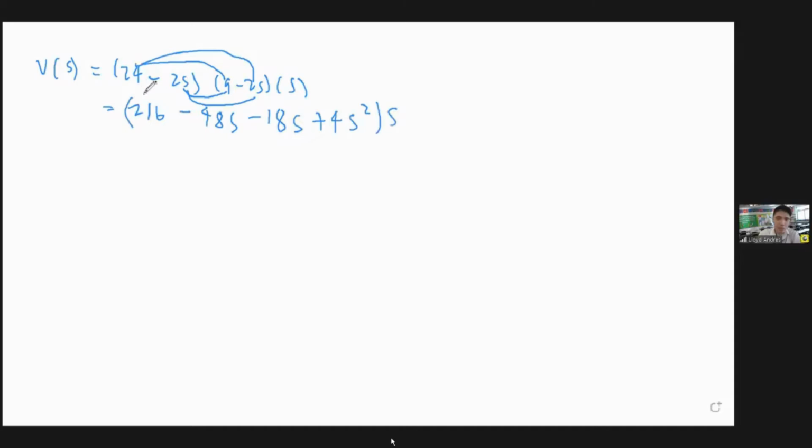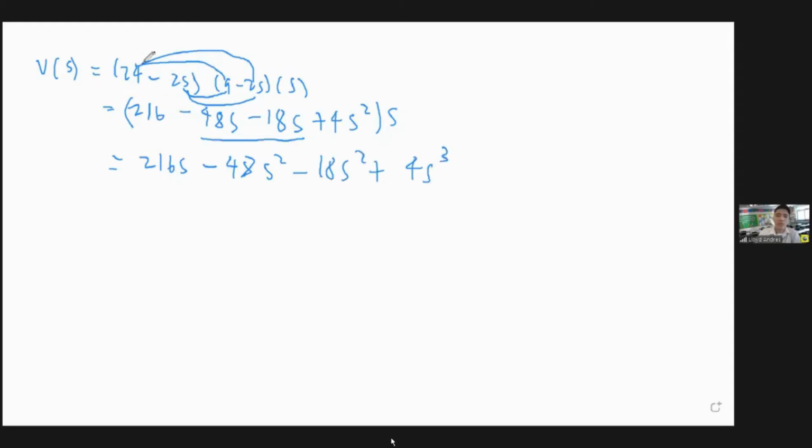Next, simplifying that one, we distribute s. So we have 216s minus 48s squared minus 18s squared plus 4s cubed.